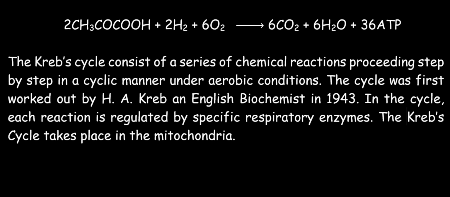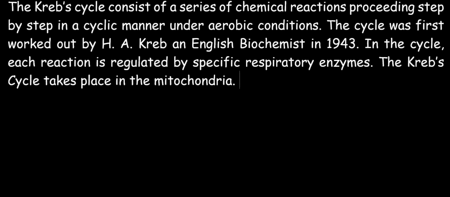So, having looked at the Krebs cycle, we are going to be explaining both the Krebs cycle and the first stage, which is the stage of glycolysis, in a diagram. But before we do that, we'll have to give the overall reaction of glycolysis and Krebs cycle.